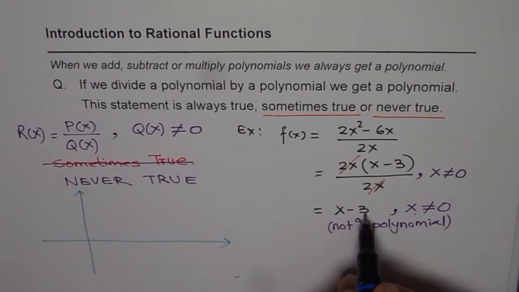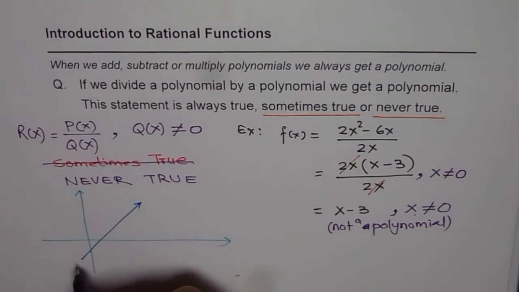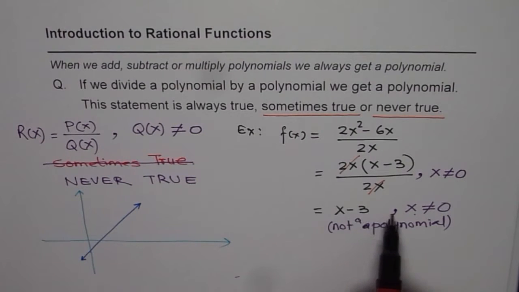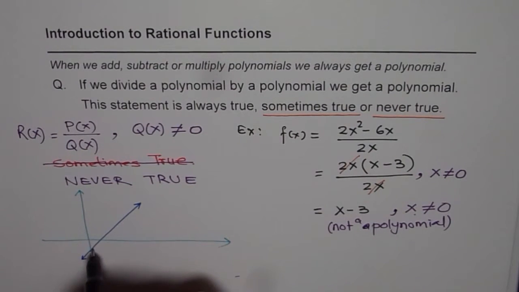So x minus 3 represents a line with y-intercept at 3. So let us say this is 3 for us. So we have a line like this going. That is the line which is x minus 3. But the function really is the line with the restriction x is not equal to 0. So when x is 0, we should have a hole here.